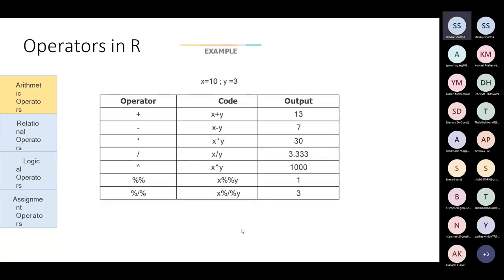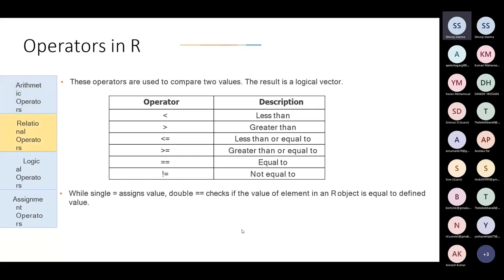Next, we have the example for the arithmetical operation, as you all know. Next, the relational operators. Relational operators we also saw in SQL: less than, greater than, less than or equal to, greater than or equal to, equal to, not equal to, like that.